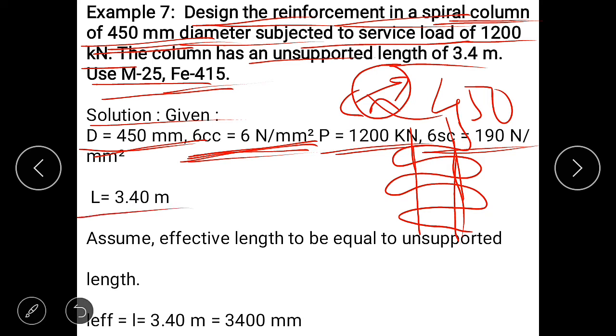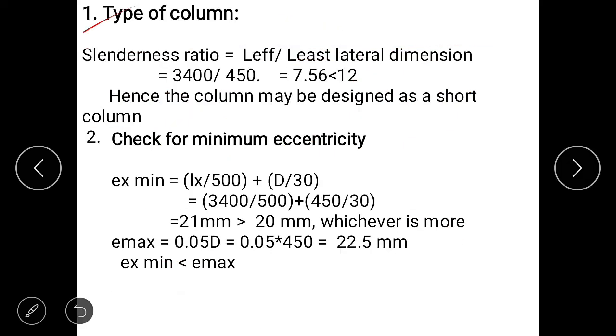1200 kilonewton. L is given here as 3.4 meter. The condition is not given, so assume the effective length is given. So consider L effective as 3.40 meter, meaning 3400 mm. First step, we have to find the type of column, meaning long column or short column. If slenderness ratio is greater than 12, it is called a long column, and if slenderness ratio is smaller than 12, it is called a short column.